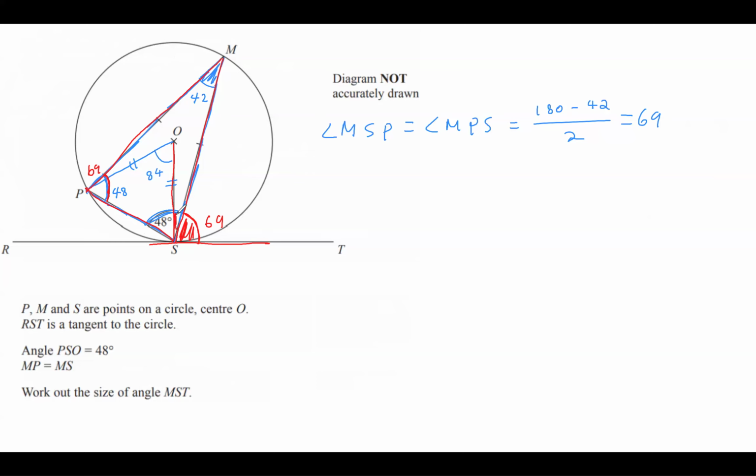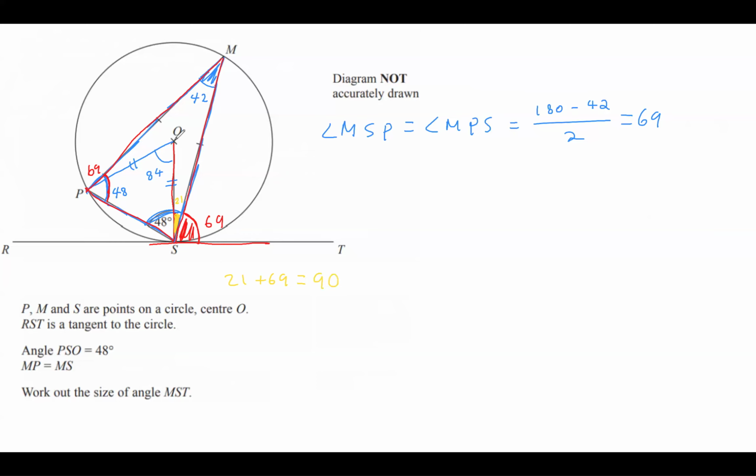And if we think about this angle over here, in fact, I'm going to shade it in yellow. Well, if the whole angle is 69, 69 minus 48 is going to be 21. And then if I do 21 plus 69, that gives me 90 degrees.